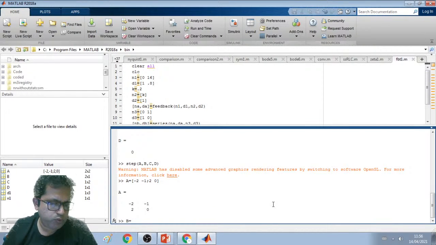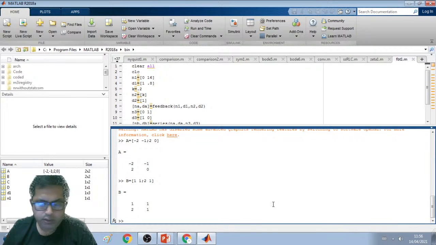B equals [1 1; 2 1]. C equal to, not like that, rather C equal to [0 1; 1 0]. This is the C matrix.